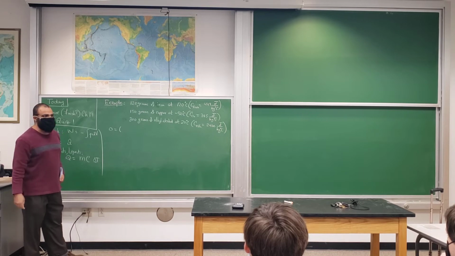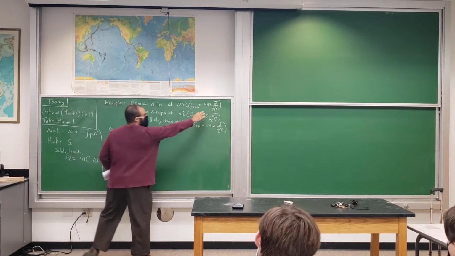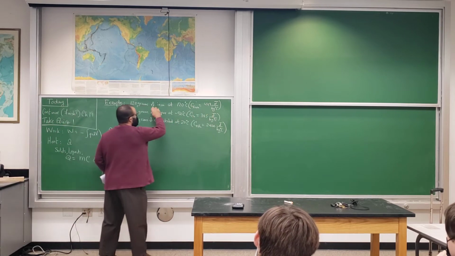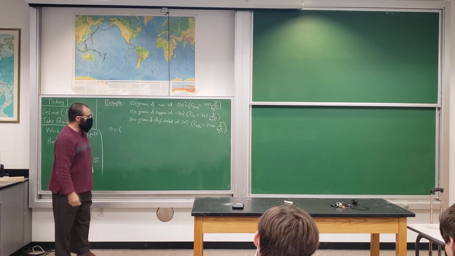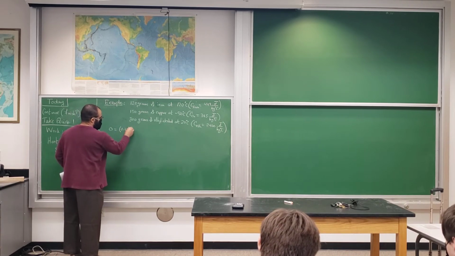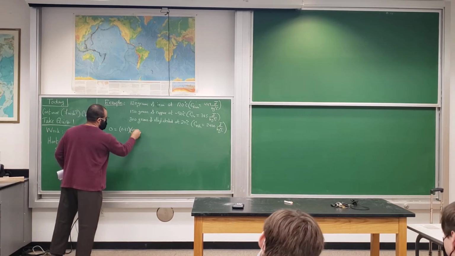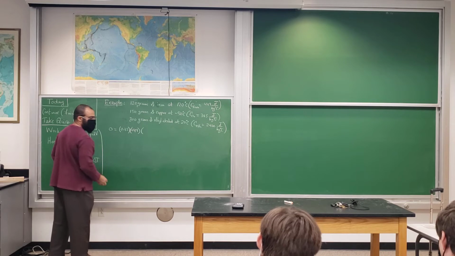So what's the mass of the iron? 120 grams. The specific heat is something per kilogram, so I better change this to kilograms, right? So 0.1 times the specific heat of iron. Again, we said it's 449. And then times the change in temperature.